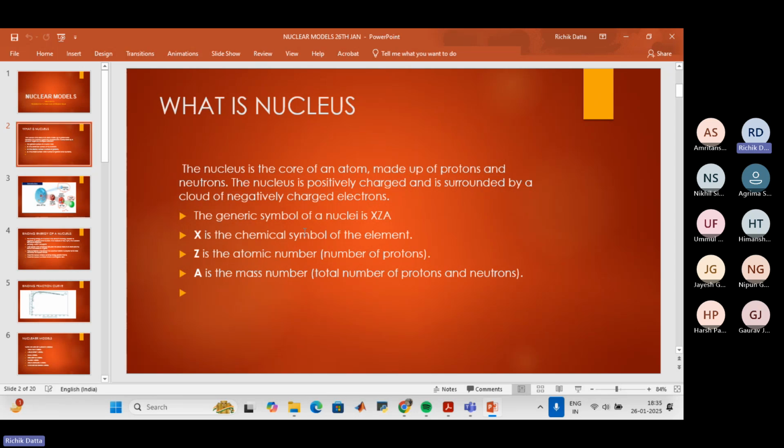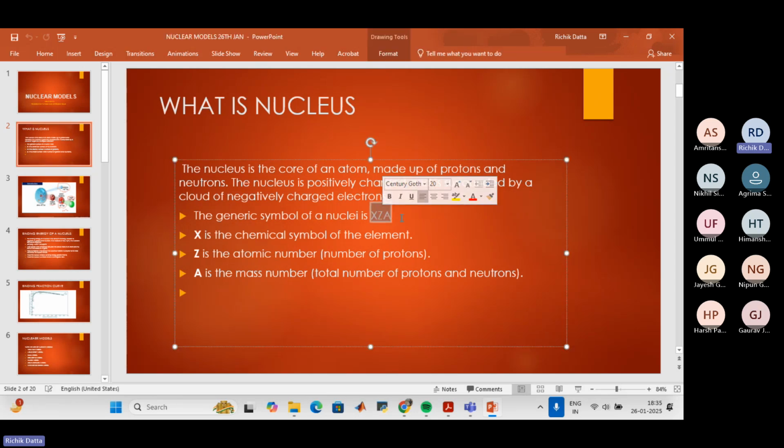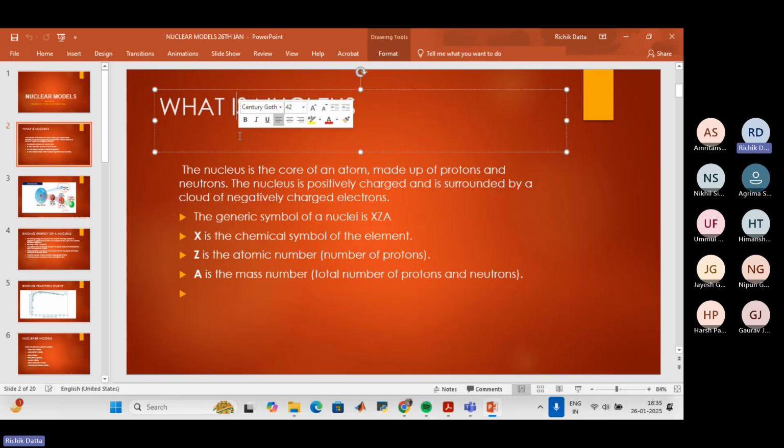Let's see the generic symbol of a nucleus, which is written as ZXA, where X is the symbol of the element. For example, for the carbon atom we can write this for any isotope, isobar, or isotone.